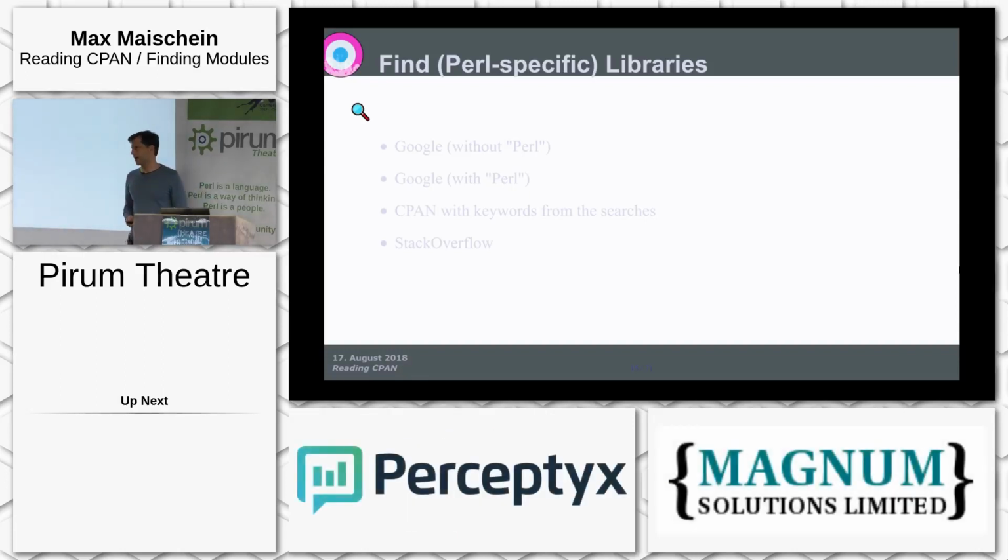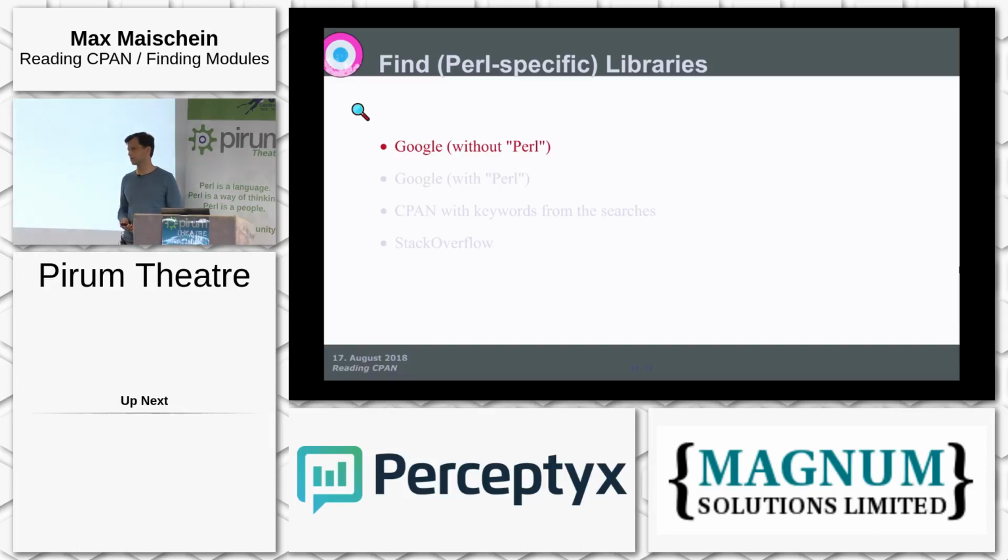After you've asked yourself these questions and hopefully found the general approaches in the domain that exist, hopefully you can find Perl-specific libraries, or if these don't exist, any libraries, or maybe ideas for such libraries.